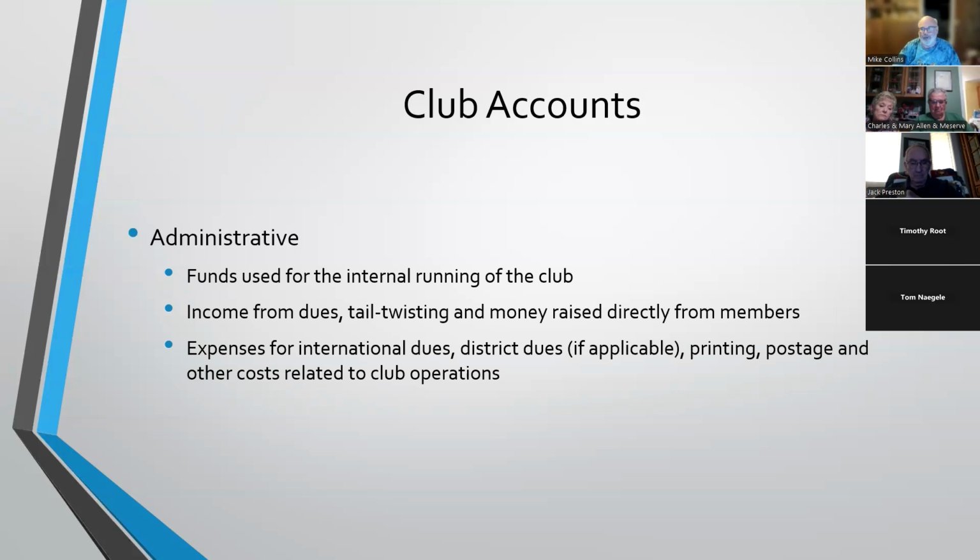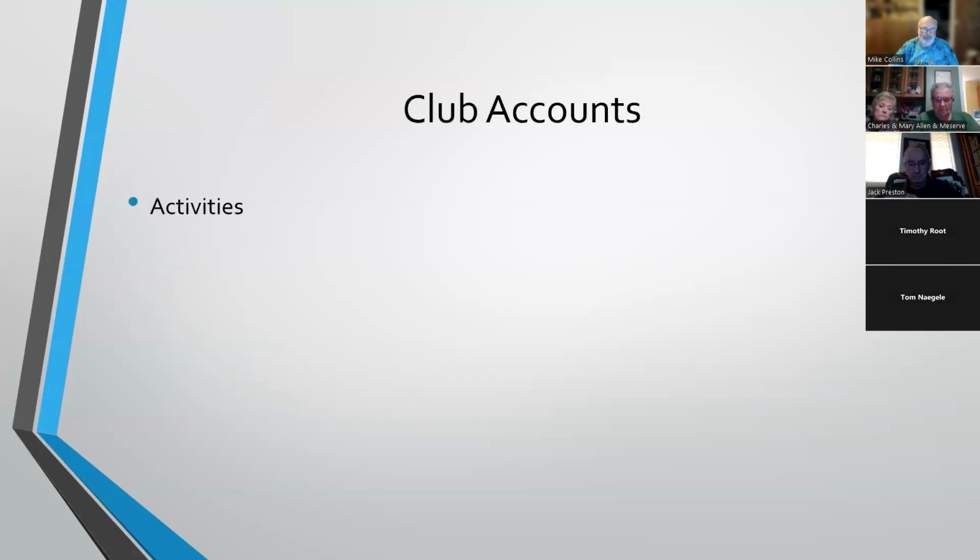Like I said, we have a cell phone, we have a post office box. Those are some of our expenses. Your administrative funds can be transferred to your activity accounts, but not vice versa. You cannot transfer money out of your activity into your administrative fund. And I'll explain that in a minute, a little bit on the other option for admin money.